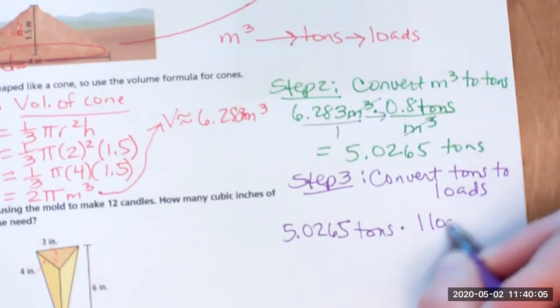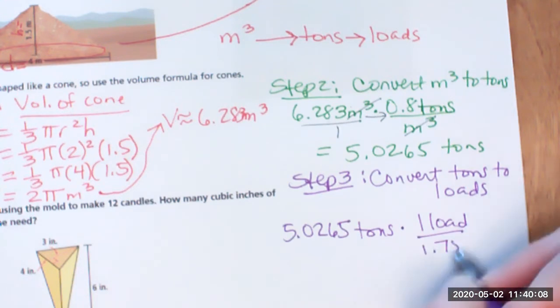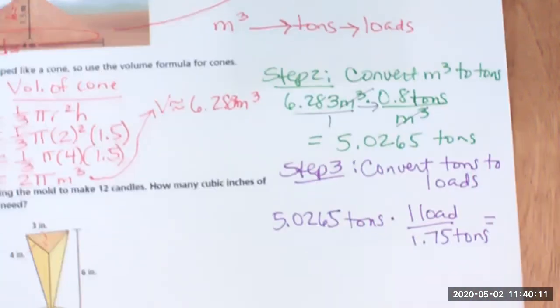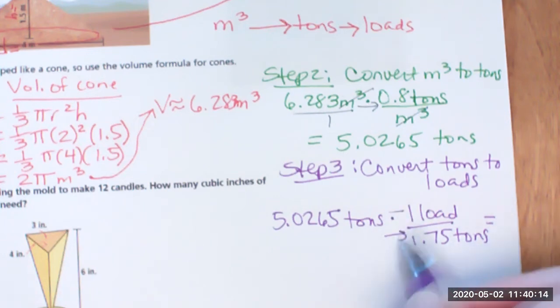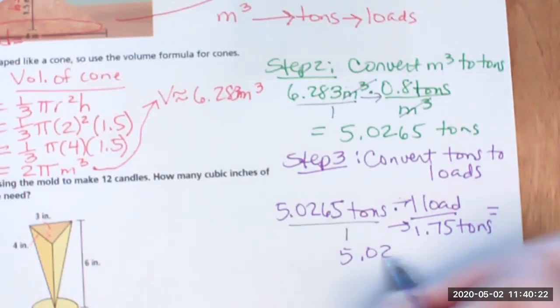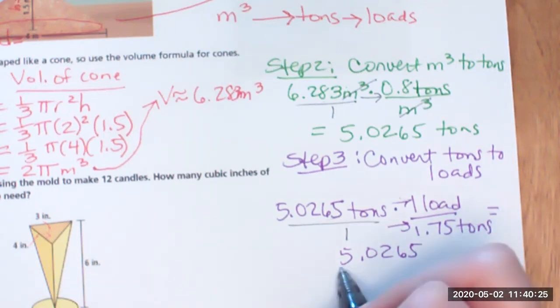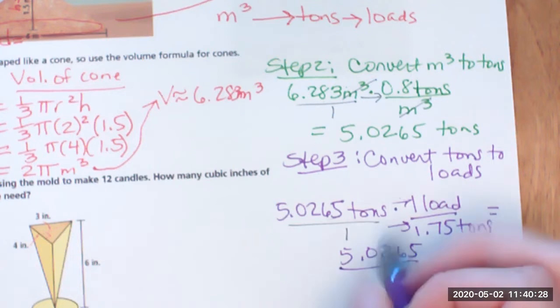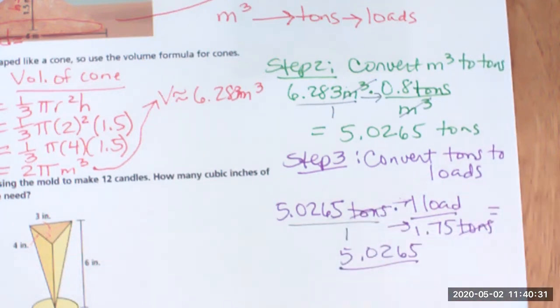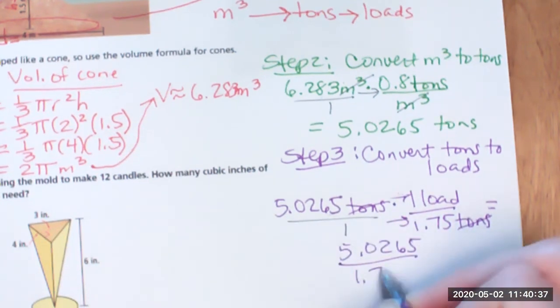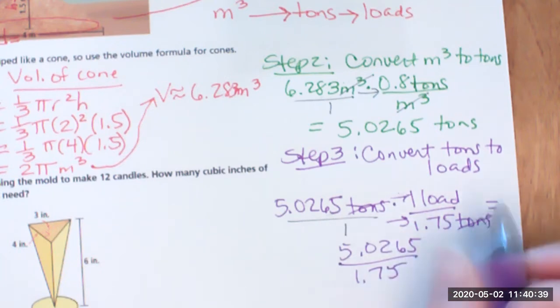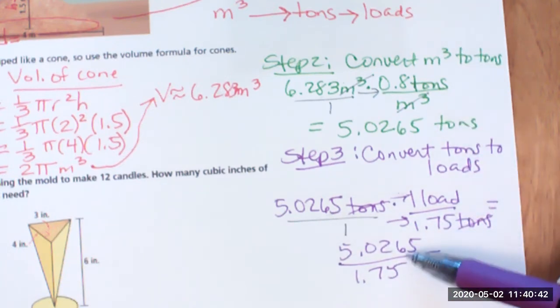If I write one load per 1.75 tons, and I do the multiplication here, essentially what is really happening, I put, of course, tons over 1. If I multiply horizontally, I end up with 5.0265 tons in the numerator, and I have, and then you can see the tons cancel, so 5.0265 in the numerator, and 1.75 in the denominator, just multiplying horizontally, which is basically what we talked about at the beginning of this step.